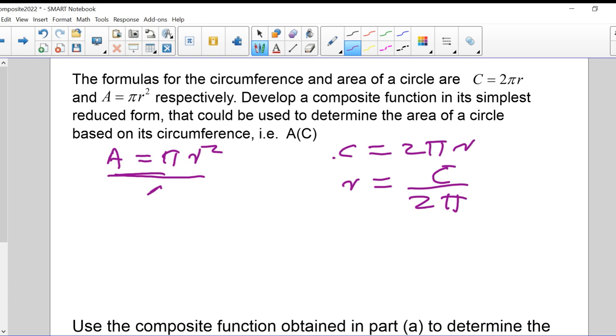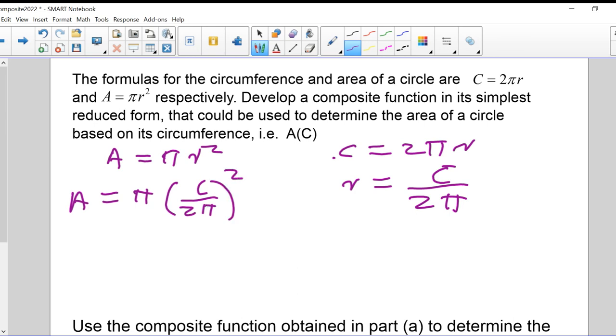What do you think I'm going to do now with that? Since I've isolated the r, wouldn't I be able to take that over to my area function and maybe make a substitution? I sure can. So what I'm going to do now is say, instead of A equals pi r squared, that A is equal to pi times c over 2 pi, squared.